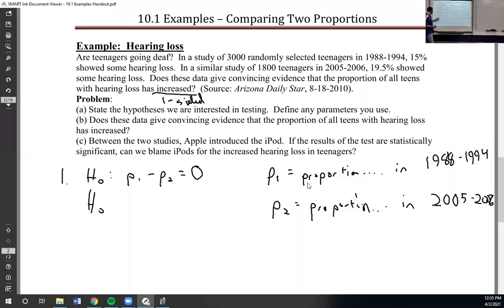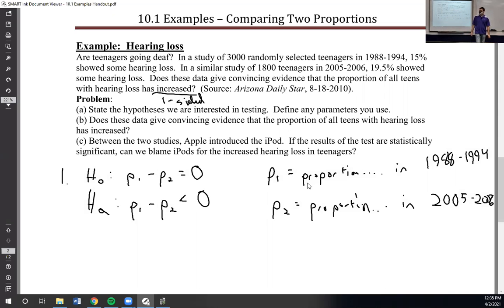So if that's our P1 and P2, then our alternative for P1 minus P2: well, if we think that the proportion with hearing loss has increased in this time, that means we think that P2 is bigger. We think the proportion in the 2005 to 2006 group is bigger. So if the second number is bigger in a subtraction problem, the answer would be negative.